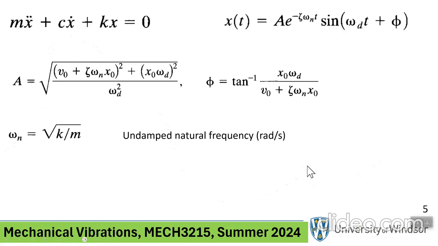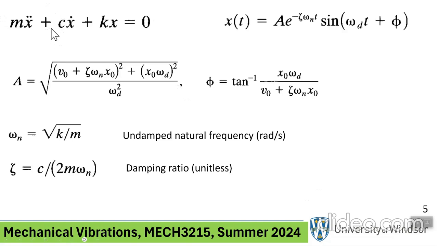Now, zeta, I'm going to tell you what the value of it is, and I will show you where zeta is coming from. Zeta is called the damping ratio, and it's unitless. It's the ratio of this c divided by what is called the critical damping, which is 2m omega n.